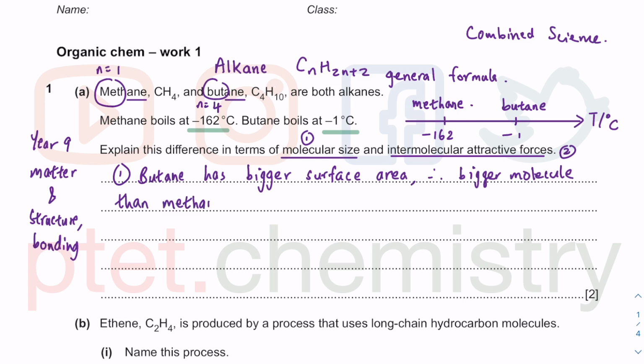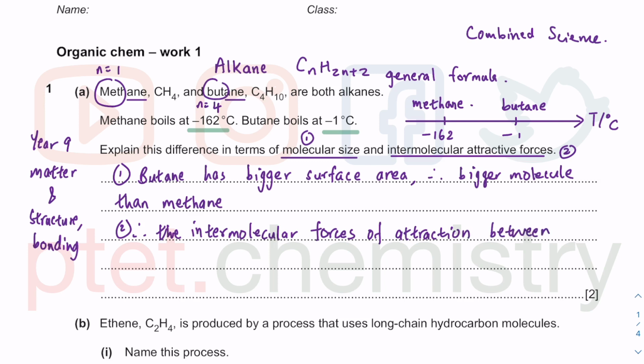And then number 2, we can also say the intermolecular forces. Inter means in between. When you have an inter-school competition, that means between the schools. Intermolecular forces of attraction, or intermolecular attractive forces, are between the molecules.